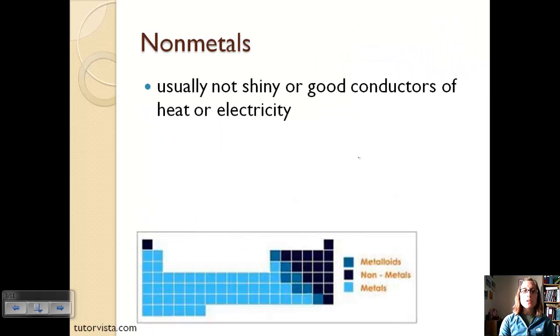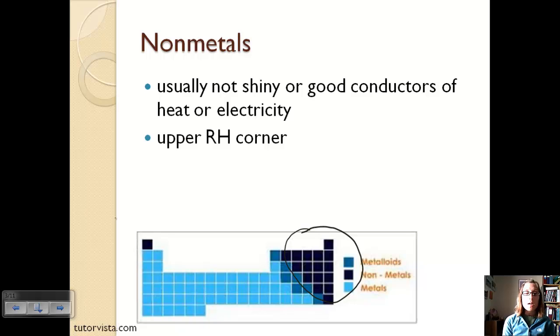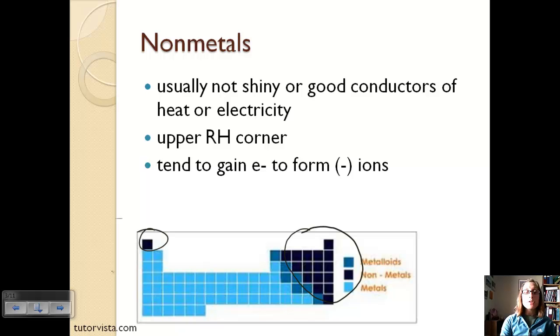Okay, the next major group are nonmetals. They're pretty much the exact opposite of metals. They're usually not shiny or good conductors of heat or electricity, and they're located in the upper right-hand corner. So right here, these are all of our nonmetals, plus we've got hydrogen. They tend to gain electrons to form negative ions.